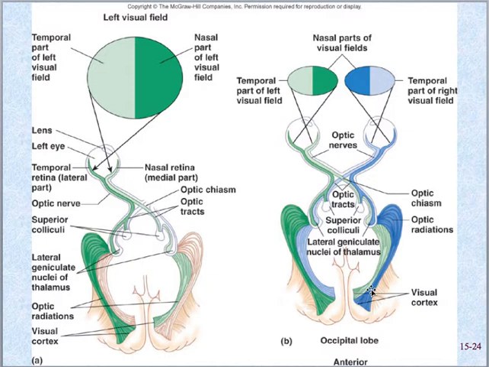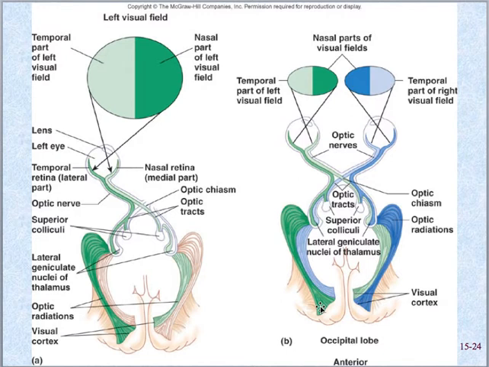So the visual cortex is going to have a mixture, getting contralateral input from the temporal part of the left visual field, okay, on this side. And then on this side right here, it's getting input from the temporal part of the right visual field, to the left visual cortex.